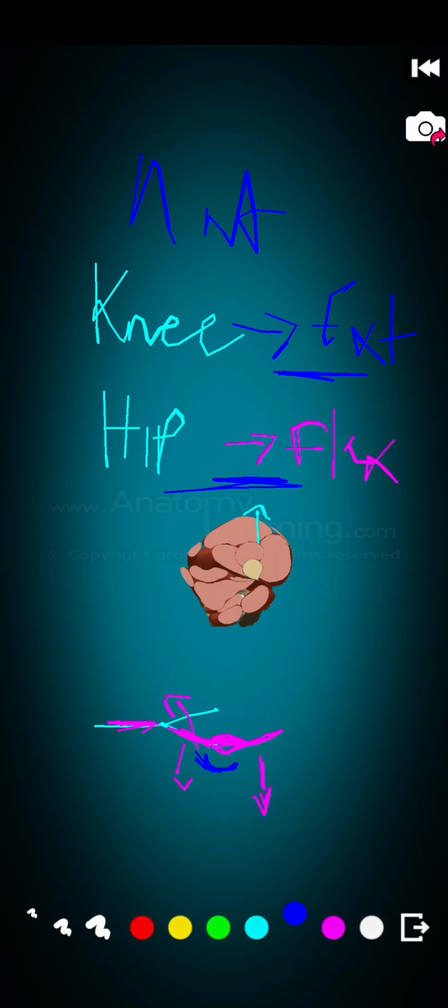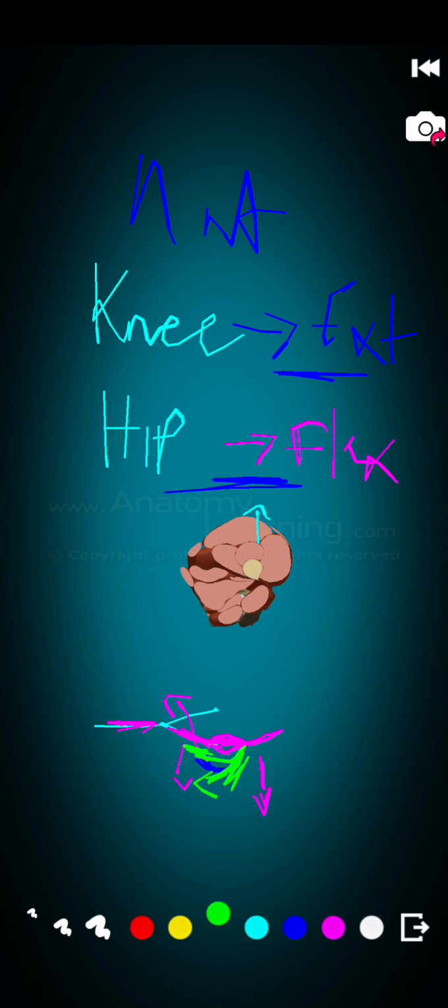That is going to be the exact opposite of the posterior compartment. If the posterior compartment of the thigh contracts, and some of the muscles on the posterior compartment also attach to the leg at this point, they'll be decreasing the angle of the leg there, meaning they are flexing the knee joint.